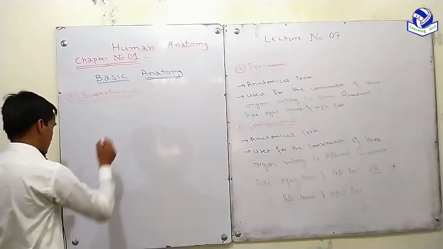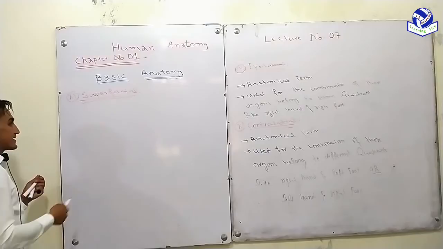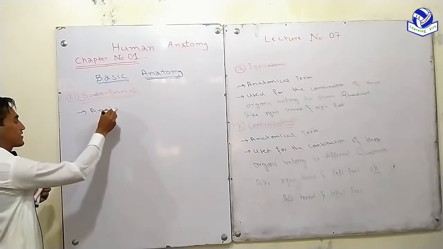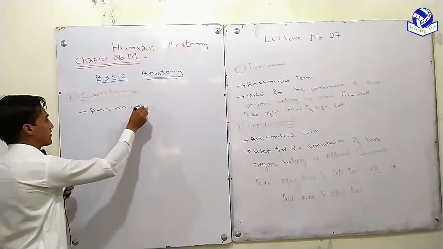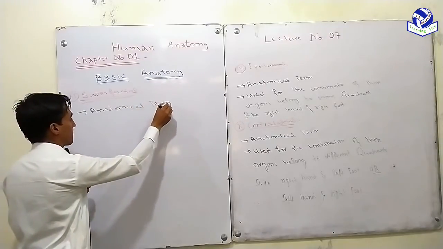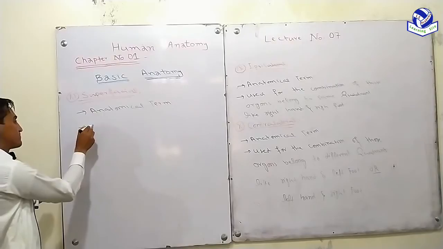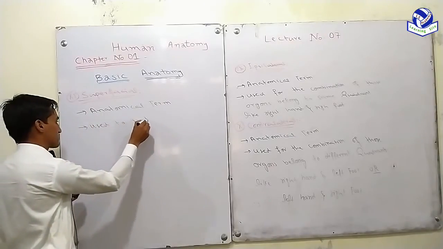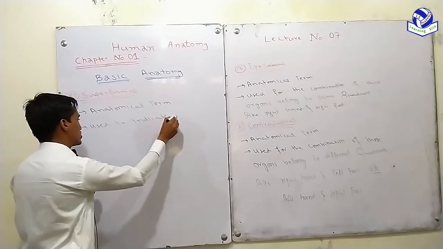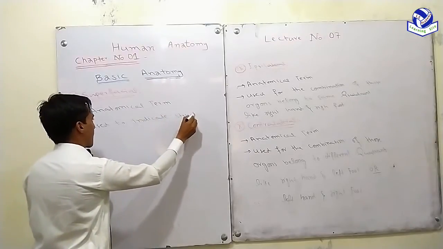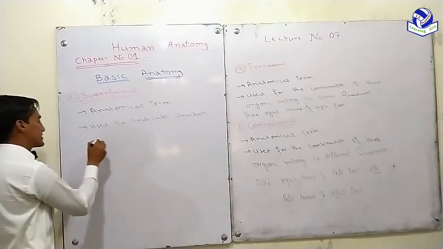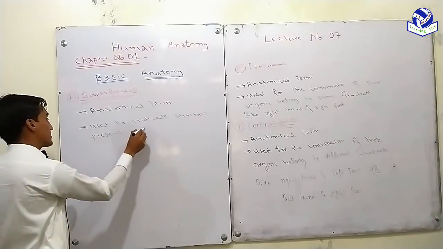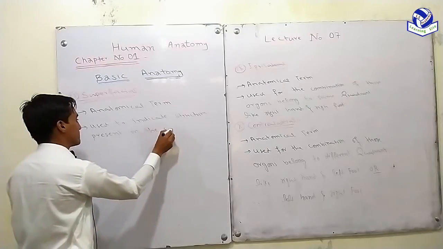What is superficial? It is an anatomical term used to indicate structures present on the surface of skin.